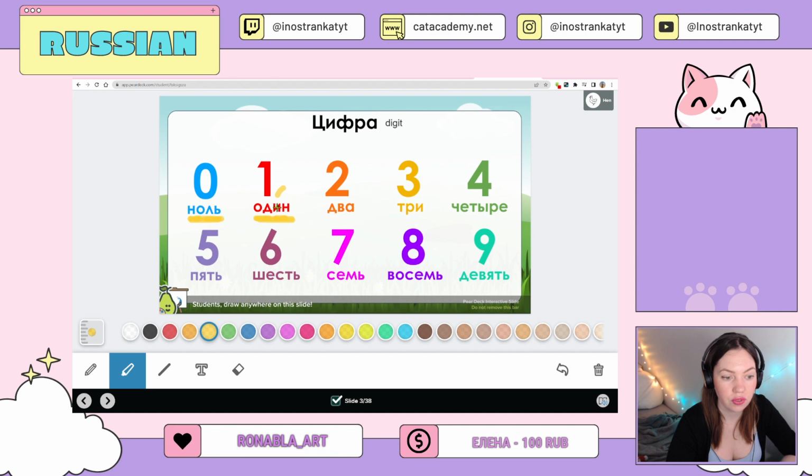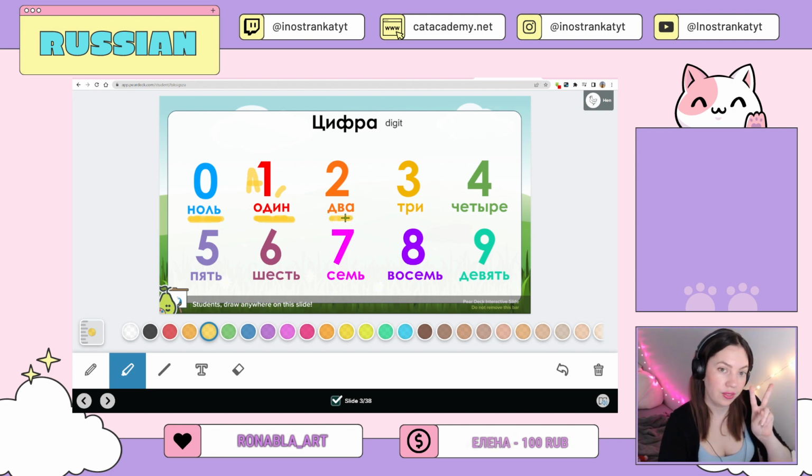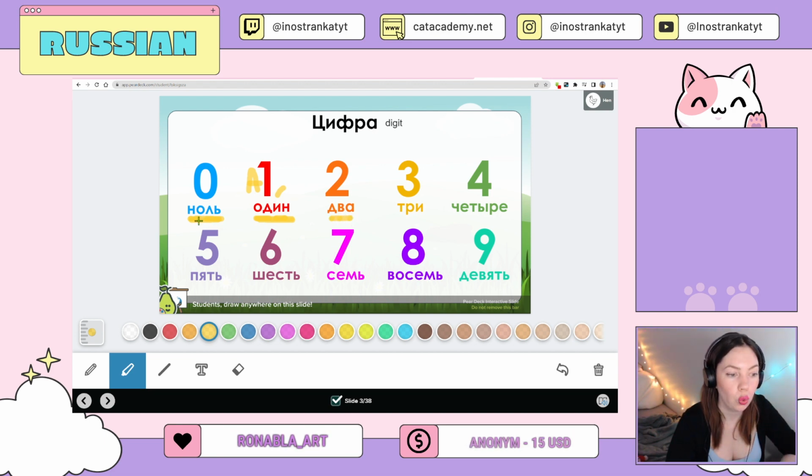So the stress actually falls on I, and O is unstressed, so we pronounce it as letter A. But we have to spell it while writing with O, just reading with A. Один, один. Next one. Д, В, А, два, два. Ноль, один, два.